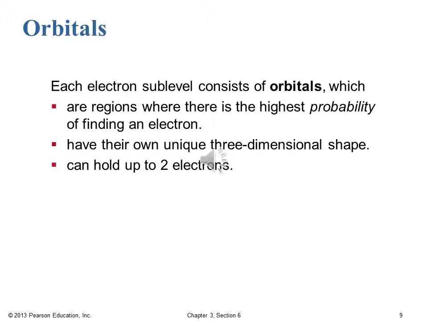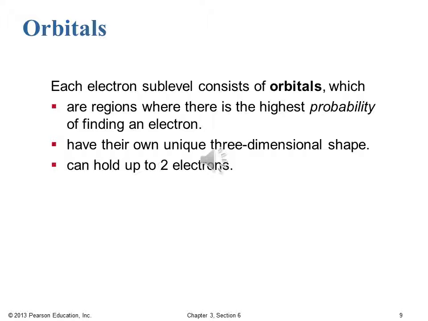Alright, so each of those sublevels consists of 1 or more orbitals. And an orbital, if you think back to the old Bohr model of the atom, where you had electrons being planets around the nucleus being the sun. That's not quite true, but that gave us a good basic understanding of how electrons behave in atoms, and back then we called them orbits.